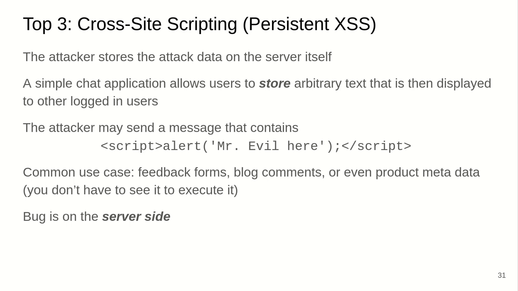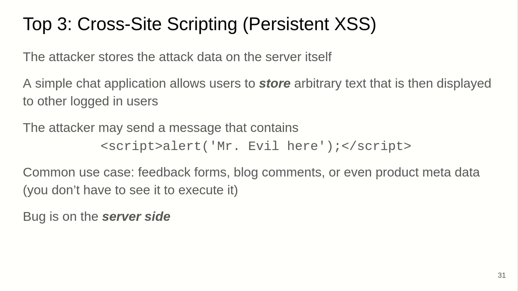In persistent cross-site scripting, the attacker stores the data on the server itself. Imagine a chat application that stores chat messages of all the participants and then provides them to all the others. The attacker could send a message that contains script alert Mr. Evil here and /script.